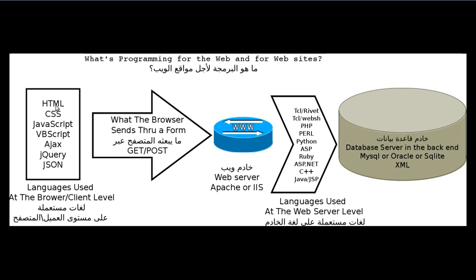Okay, now first of all, there's the HTML. HTML is the code for formatting the text on the site, and also it's used to make the forms. It's also used to set the tables.